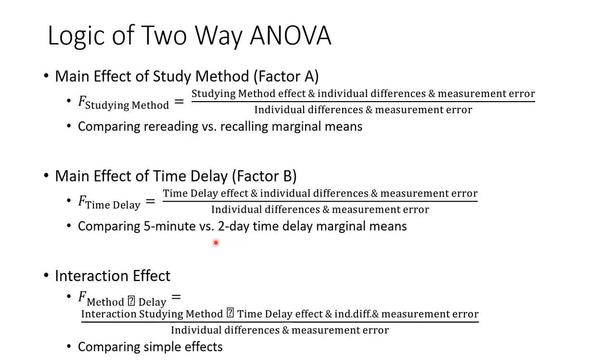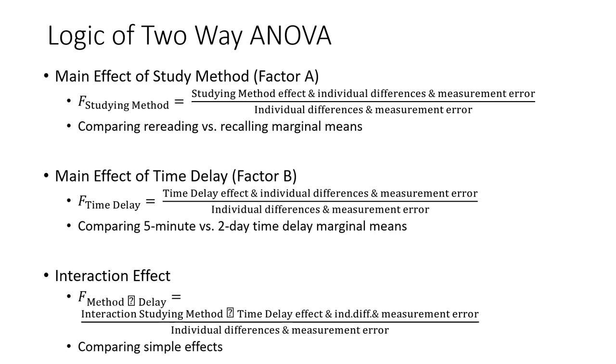And then finally, you have the interaction. The interaction is often the most interesting effect that you're interested in studying when you do a two-way ANOVA. It's exploring the possibility that maybe the answer of which studying method is the best depends on another factor.